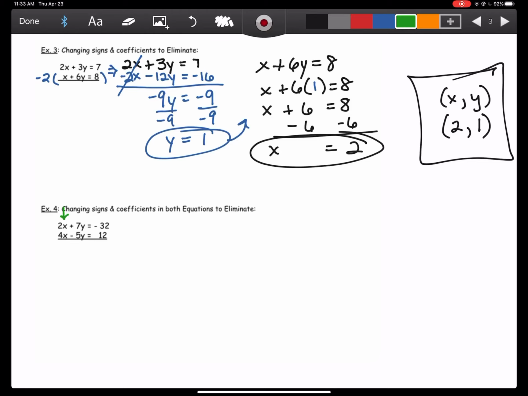But if that wasn't an option, and I looked at my 7 and my 5, I would need to multiply the top equation by 5 up top and positive 7 down below. Or you know what, let's ignore this problem. Let's make a new problem so that the title to my example makes sense. So let's look back.